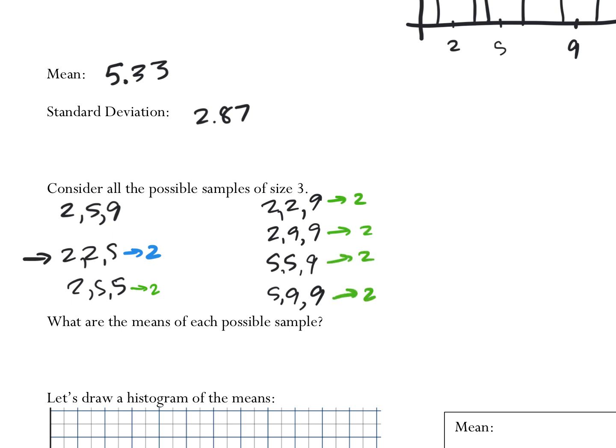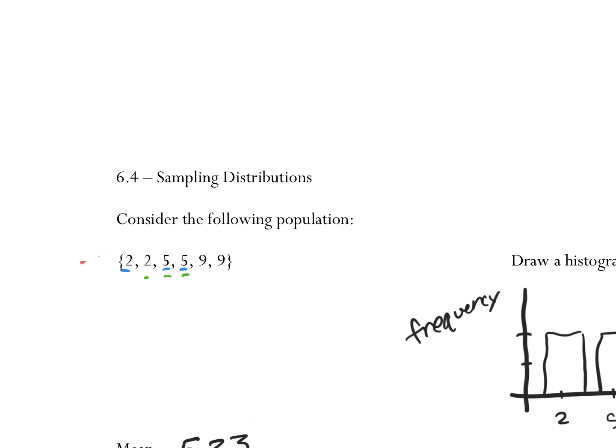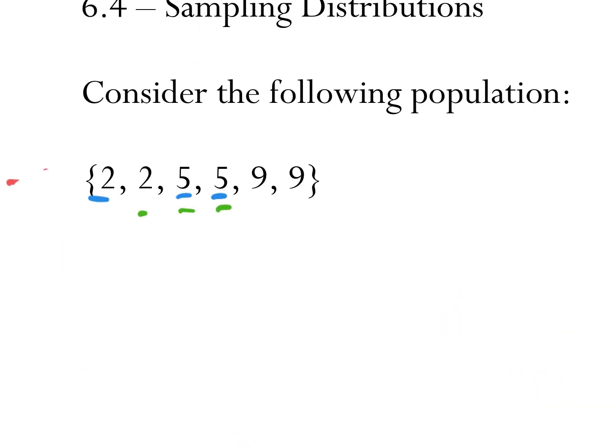Now, how many ways could I get 2, 5, and 9? So, I could have 2, 5, 9, 2, 5, 9, 2, 5, 9.